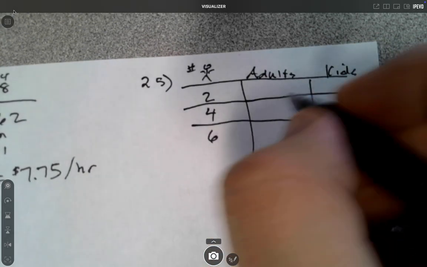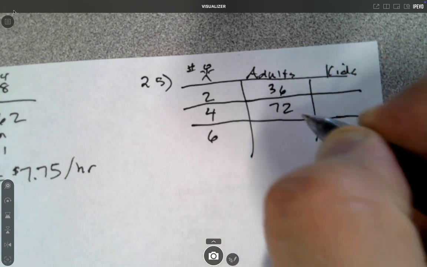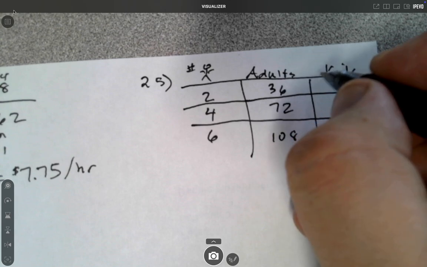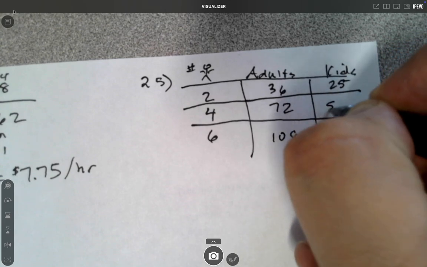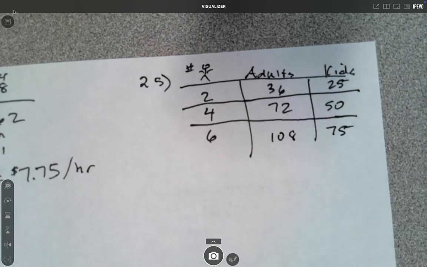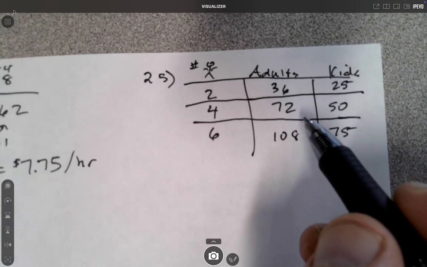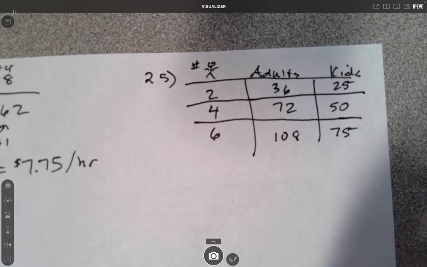Okay, 36, 72, 108, 25, 50, 75. Okay, now that I've got that filled in, it says the table shows the total cost of tickets. Compare the rates of change. So we'll do that with the adults, and then we'll do it with the kids, see which one's bigger or smaller.